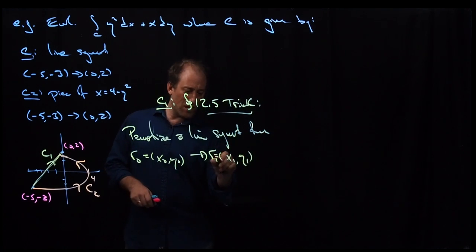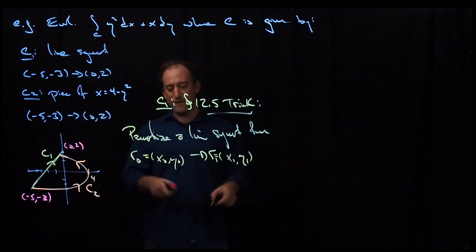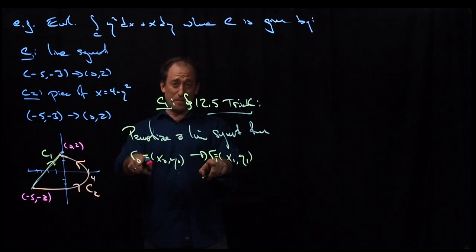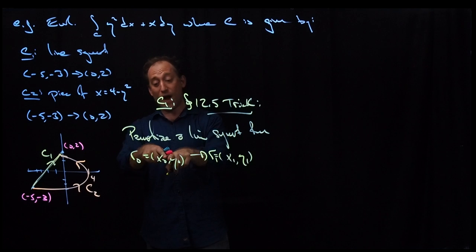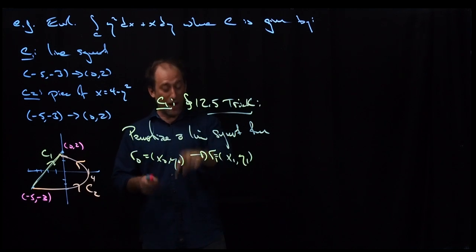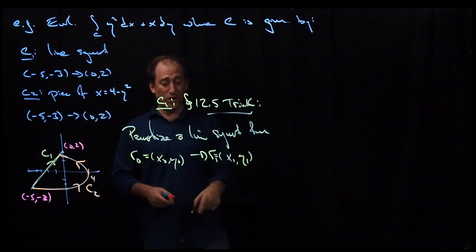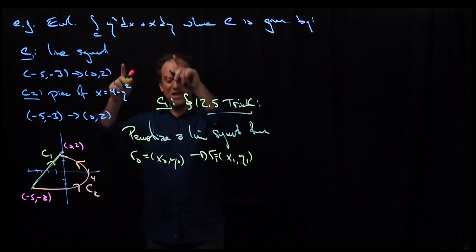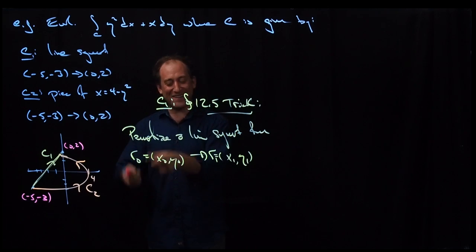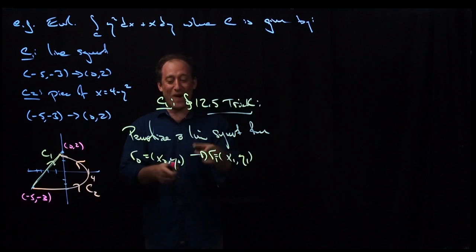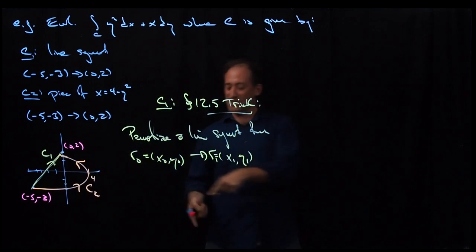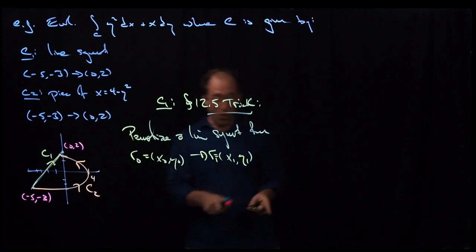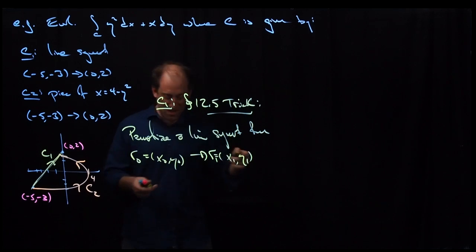So here I'm just writing a bit of shorthand. R0 and R1 are position vectors. The tips of the position vectors R0 and R1 are at the points (x0, y0) and (x1, y1) respectively. Whew, that was a mouthful.